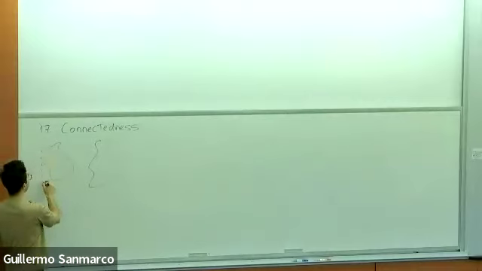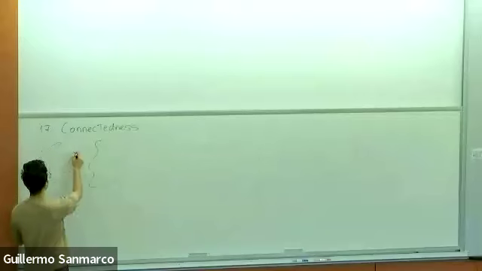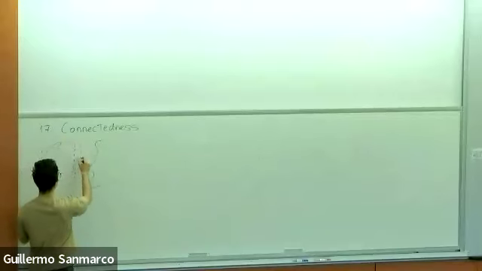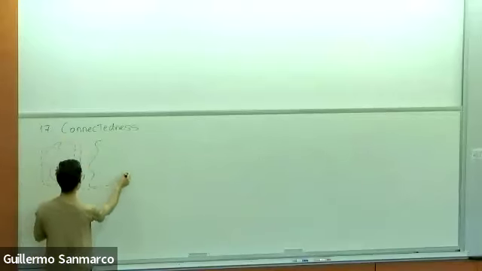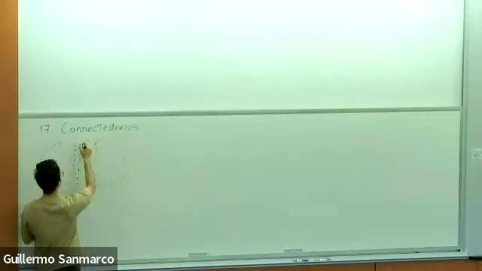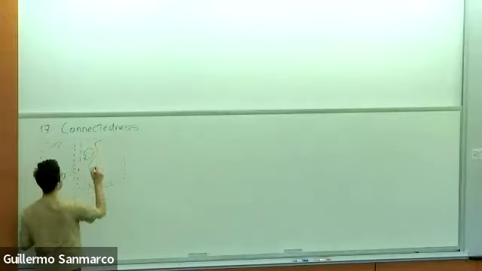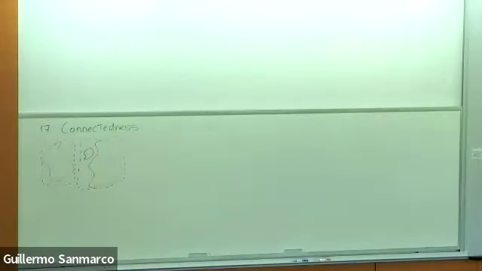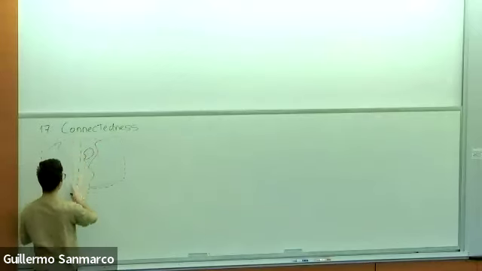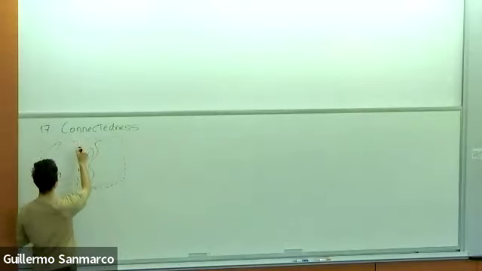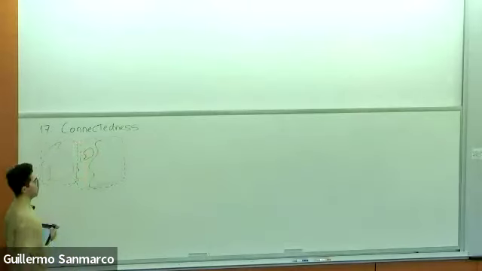But if there is a space here, you can separate them into two open sets that will cover everything. And if you happen to have even more pieces, that still will be okay. You can always put one to one side and the other to the other. And these guys can be really close without intersecting.